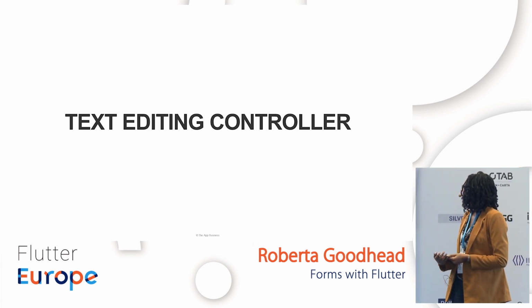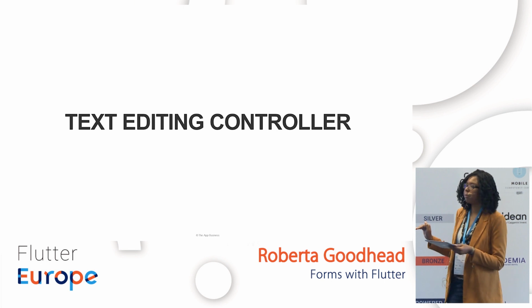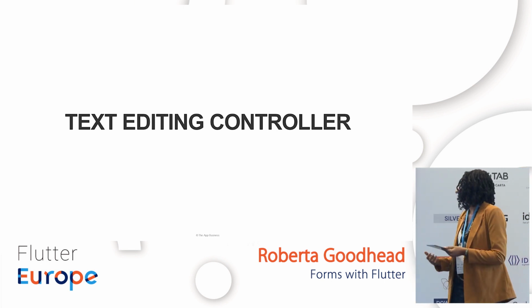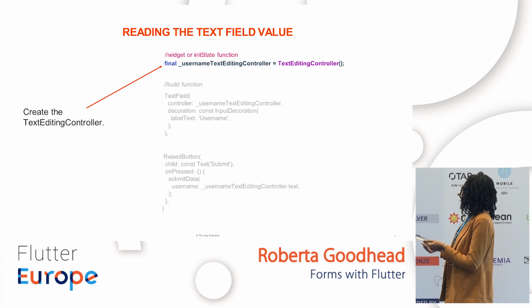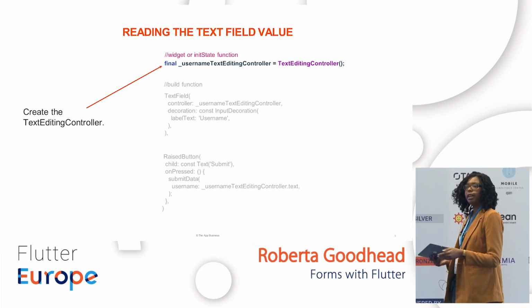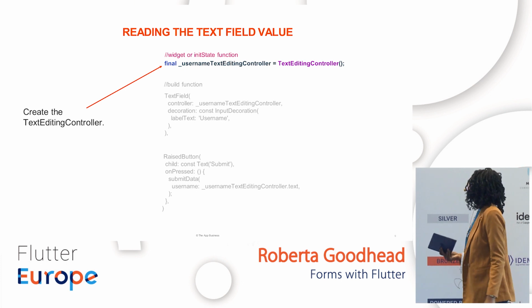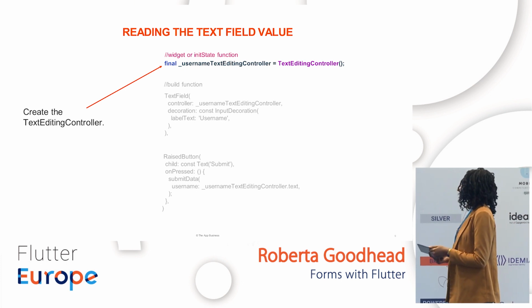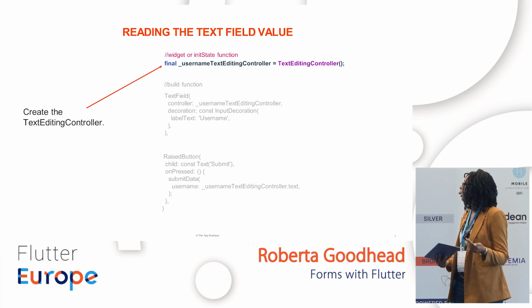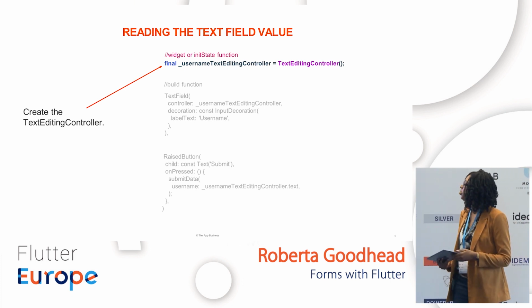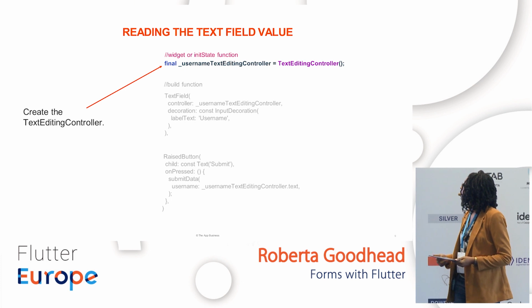So, next up, I'm just going to explain a little bit more about the text editing controller. What the text editing controller is used for in this scenario is to capture input from the end user. It is a notifier under the hood, so whenever a value changes, it will notify its listeners.